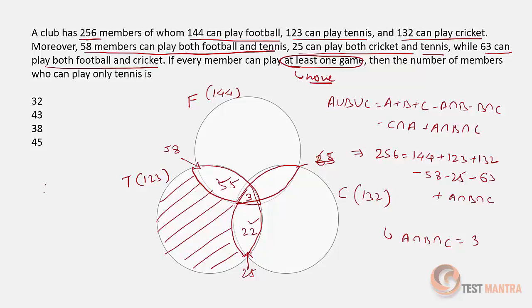So it's 123 minus 80, which is 43. My value will be 43 here. So this was again a very easy question. Sometimes they ask questions which are directly formula based, where we have to identify the formulas.